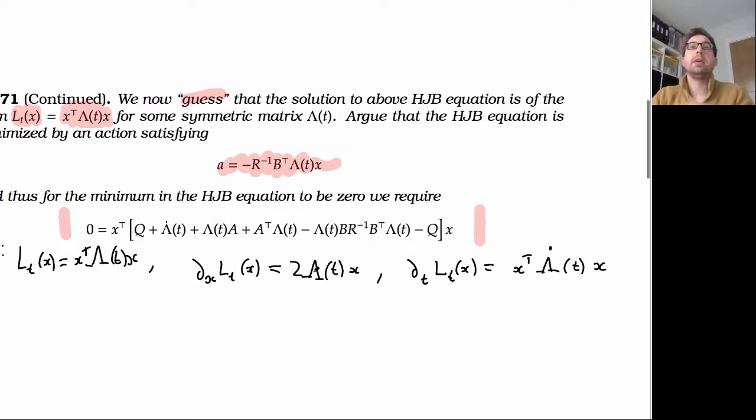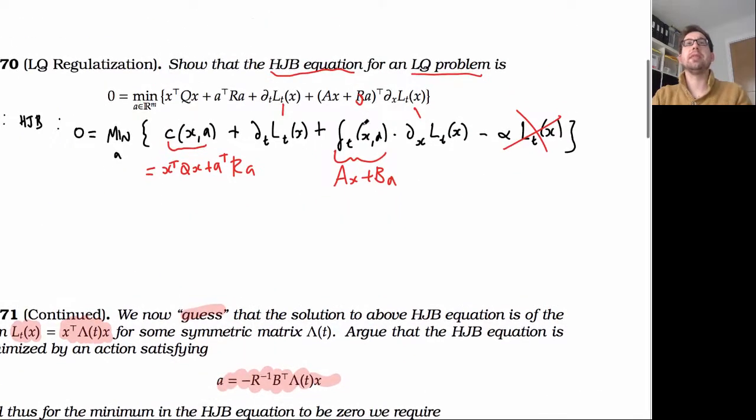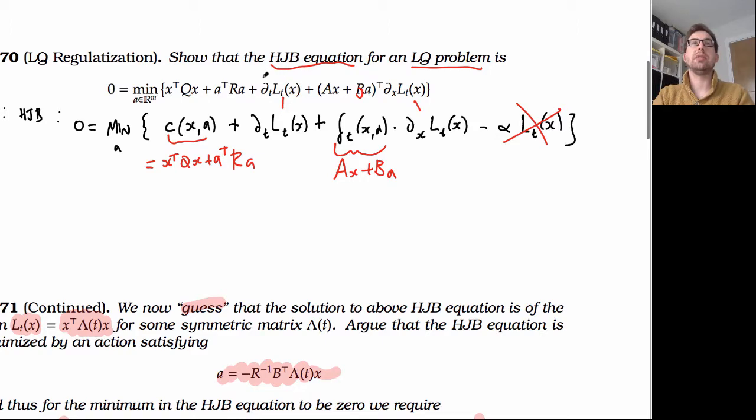So now we need to plug these values into our HJB equation, which is just above. We need to plug in the partial derivatives here and the partial derivatives there.